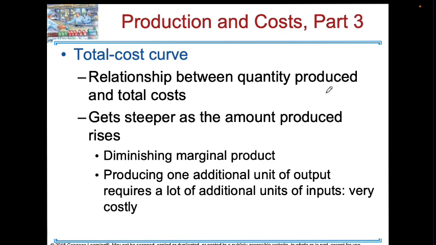If you go back, total cost curves are the relationship between quantities produced and the total cost. And it gets steeper as the amount produced rises. The reason behind this is that productivity exhibits diminishing behavior. Producing one additional unit of output requires a lot of units of input, therefore being more costly.